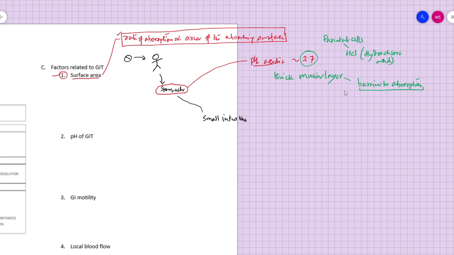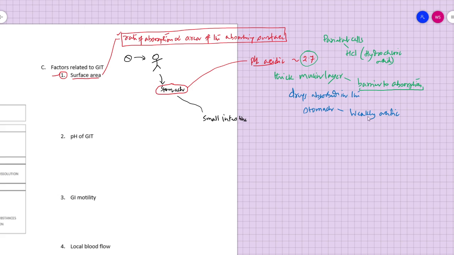Okay. So less absorption. So what are the drugs that are absorbed in the stomach? So the drugs that are absorbed in the stomach, let's write it down here. So the drugs absorbed in the stomach would be, their property would be that they are weakly acidic.